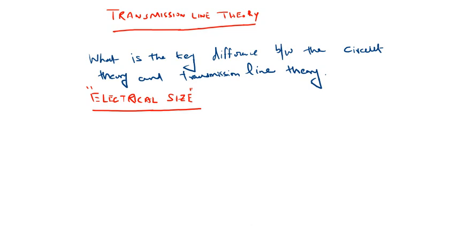So what does circuit analysis assume? Let me define it to you. Circuit analysis assumes that the physical dimension of the network is much smaller than the electrical wavelength.